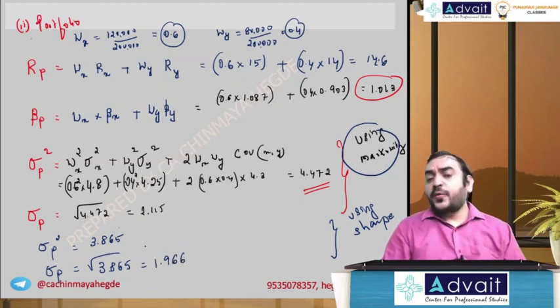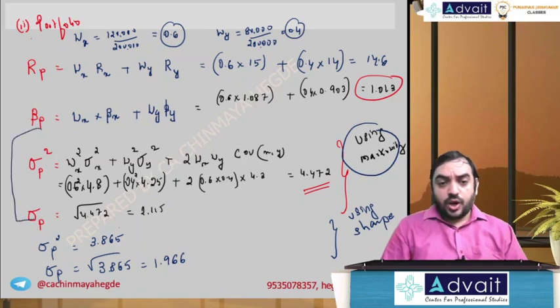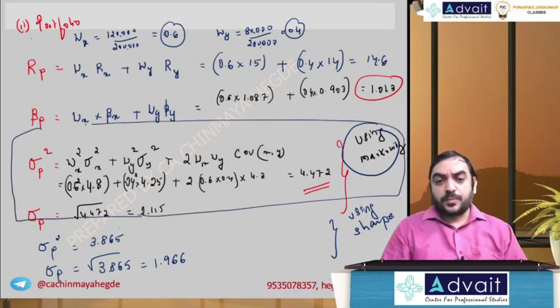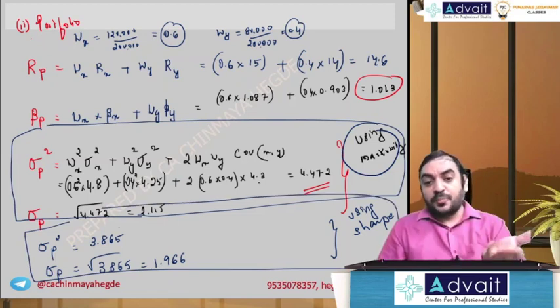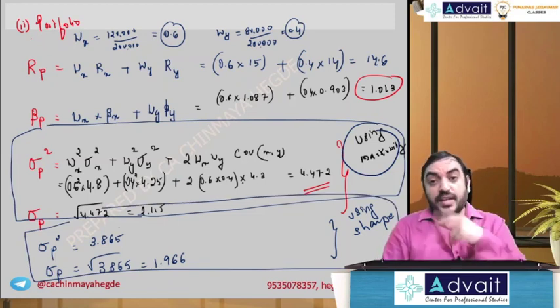So in the exam, you don't have to do both. Either you can do it using Markowitz or you can show it using Sharpe. In the examination point of view, if they have not specified both, I would recommend going with the Markowitz method because that is faster.